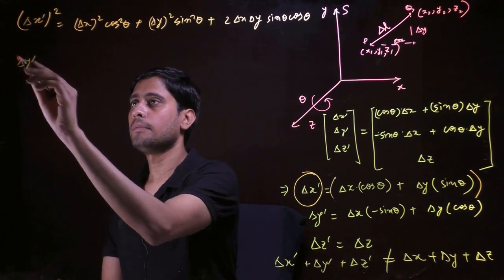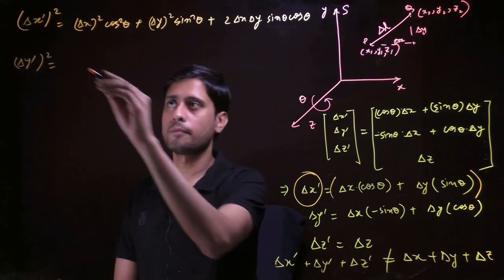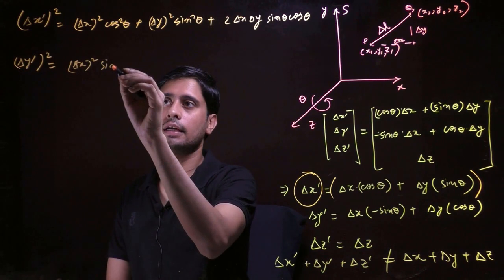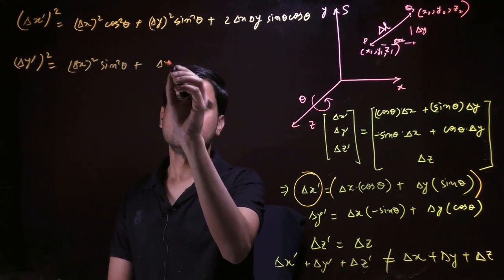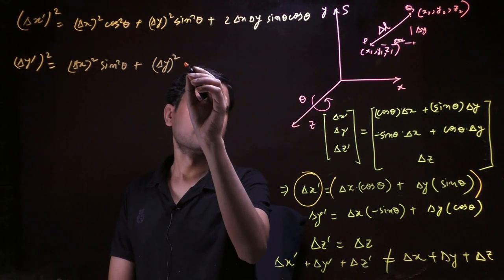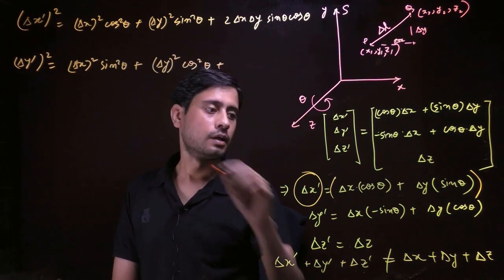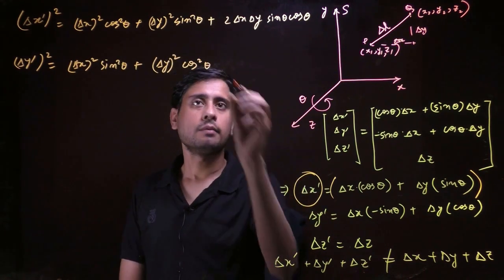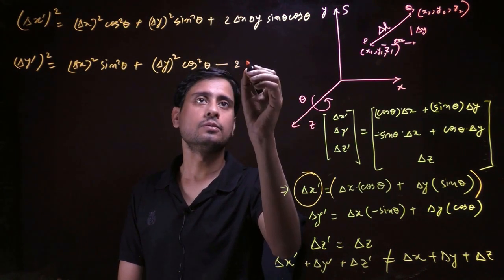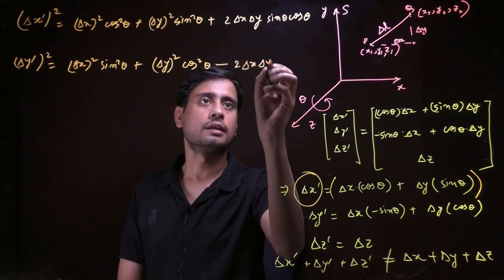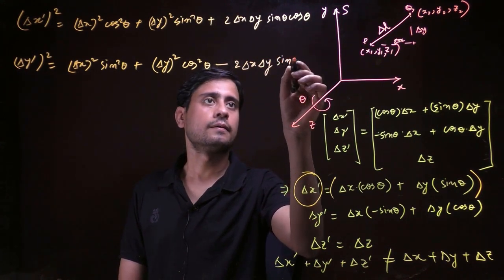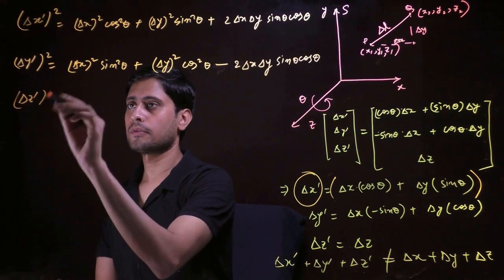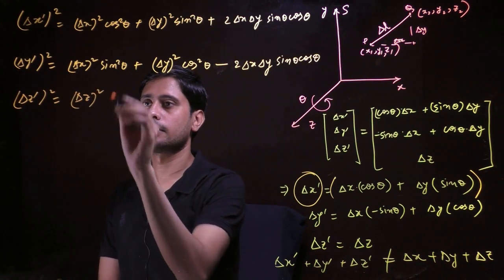Similarly, delta y prime squared will give you delta x square sin square theta plus delta y square cos square theta plus, and there will be a minus sign here, so minus 2 delta x delta y sin theta cos theta, and delta z prime square will be equal to delta z square.